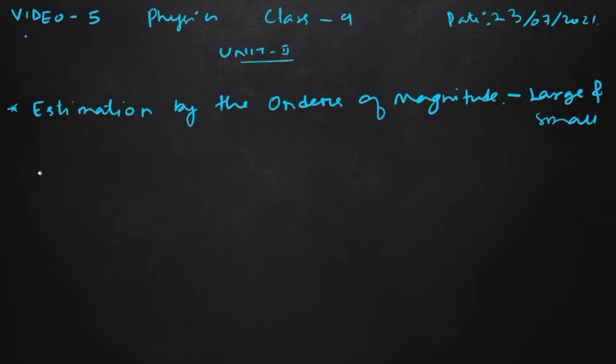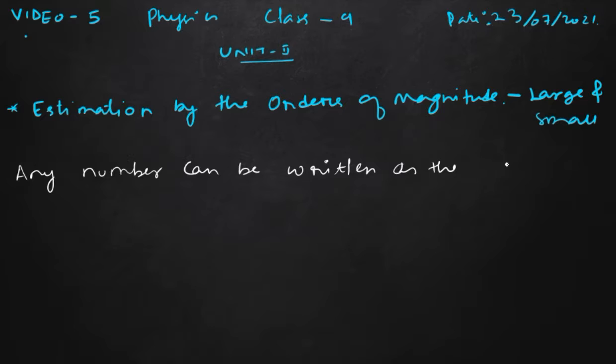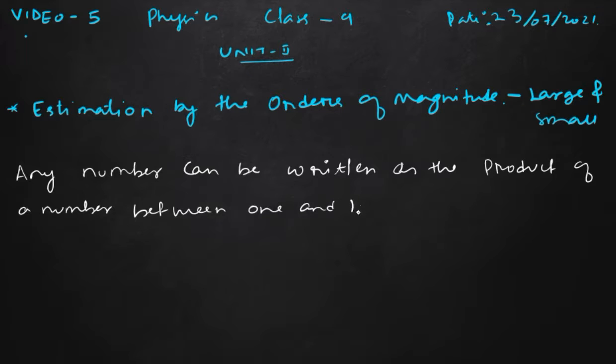You have to remember that any number, it may be big or small, can be written as the product of a number between 1 and 10, and a number which is a power of 10.